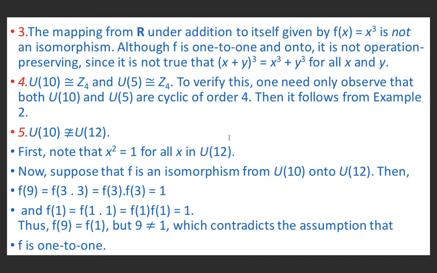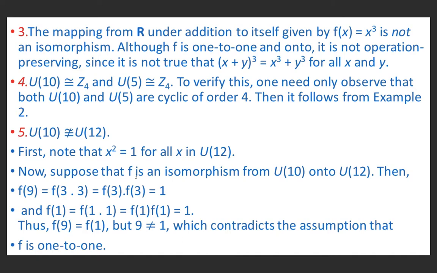Again for 11, 11 elevens are 121, and if we divide it by 12, the remainder is 1. So it means x star x is always equal to 1 for all x in U12. So I have written x square equal to 1 for all x in U12. Always take care of operations under multiplication with respect to a group.